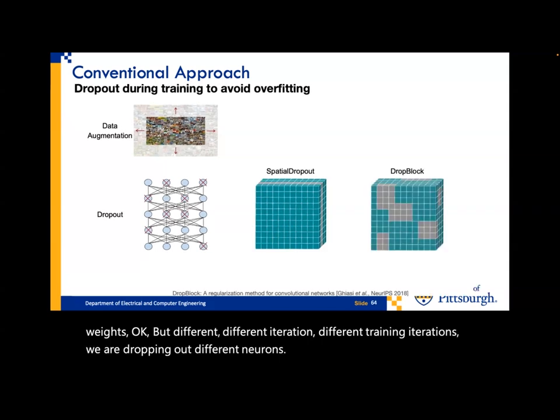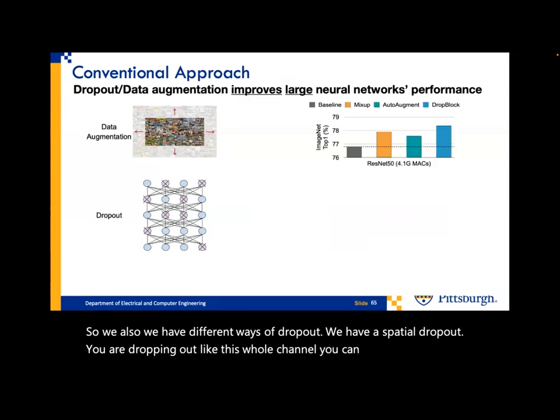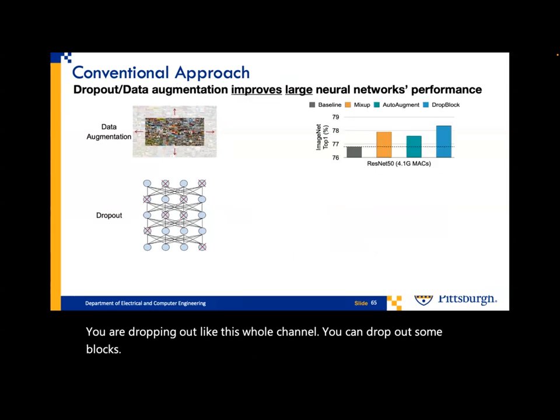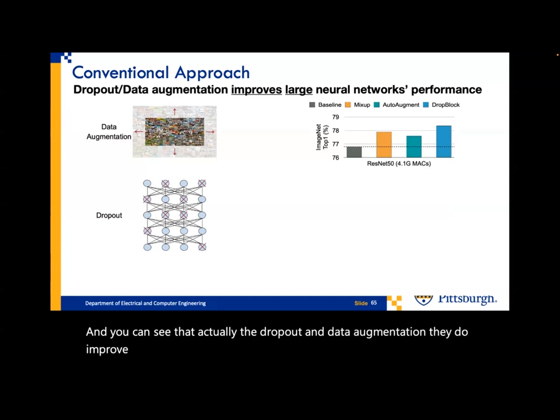We have different ways of dropout. We have spatial dropout, where you drop out a whole channel. You can also drop out some blocks. You can see that dropout and data augmentation do improve the accuracy on the validation set, because those are images you never see.